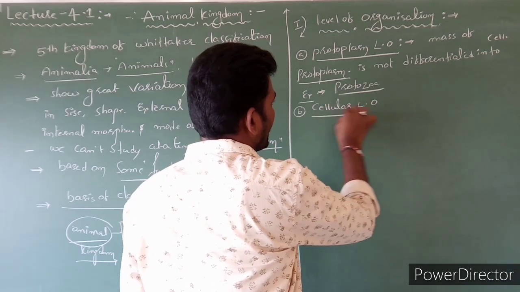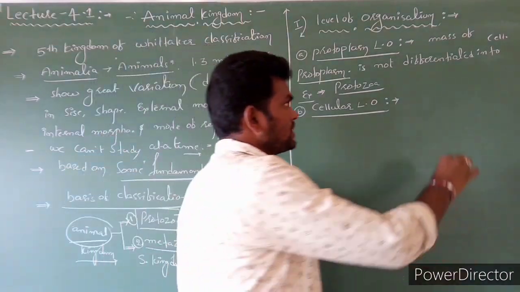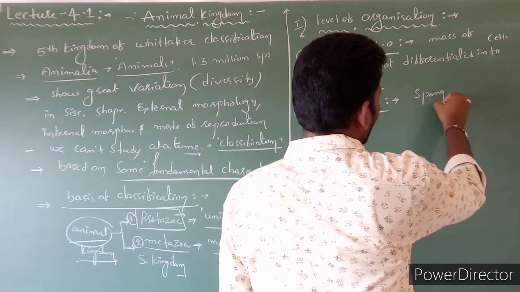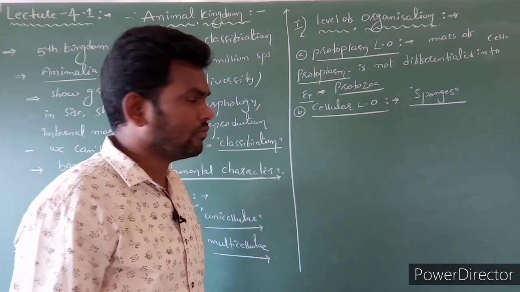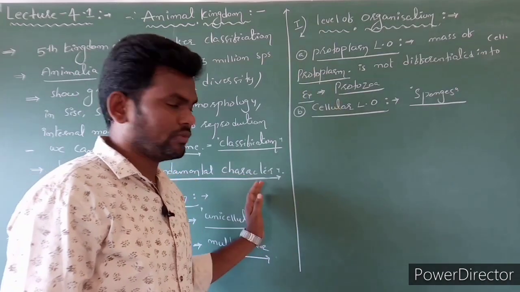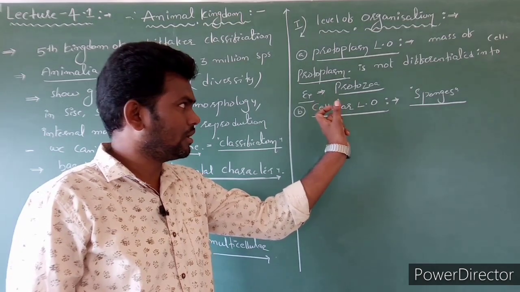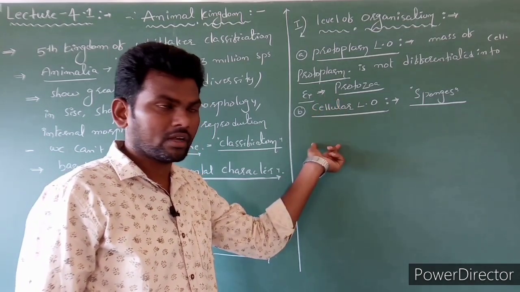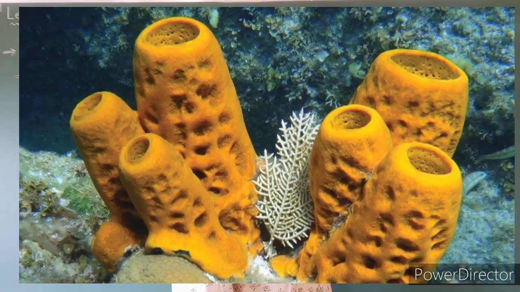The second one is cellular level of organization. Sponges are the best example for cellular level of organization. In this chapter, a number of new terms as well as new organism names I am going to discuss. So no need to worry. Regarding sponges, we will discuss when we enter into the animal kingdom classification.